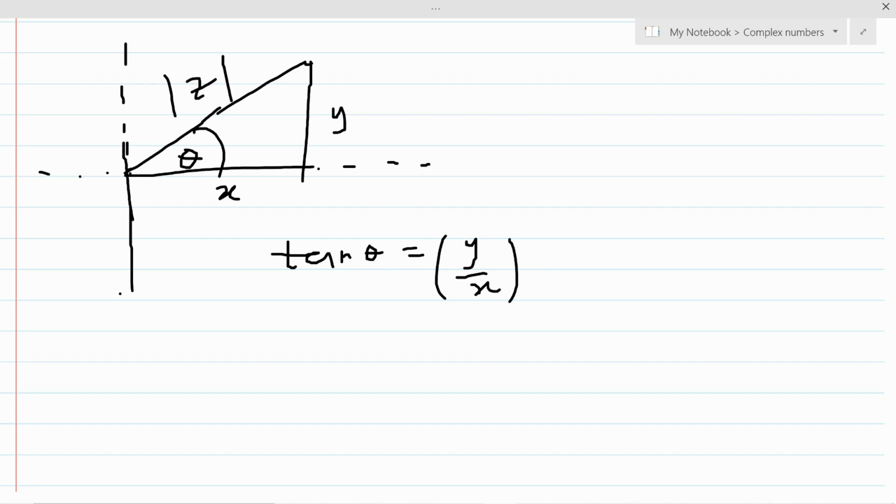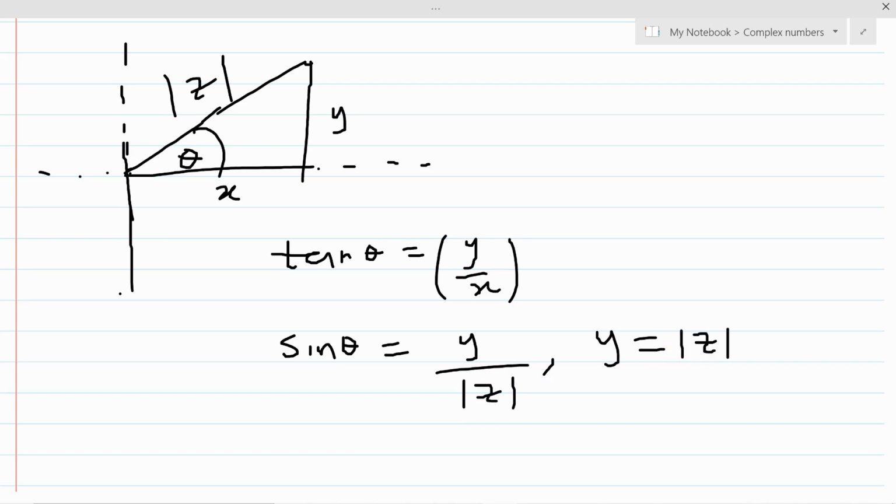This is what we use to find theta. Now sine theta is equal to the opposite, which is y, over the hypotenuse. So our y, or the imaginary part, can be written as the modulus of the complex number times sine theta.